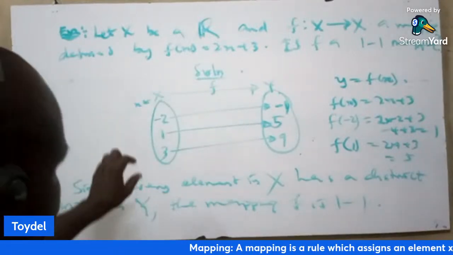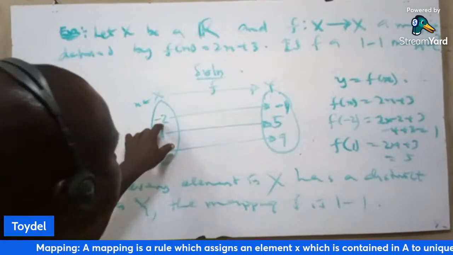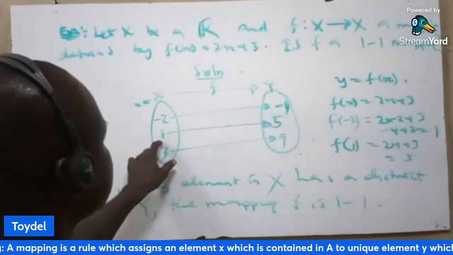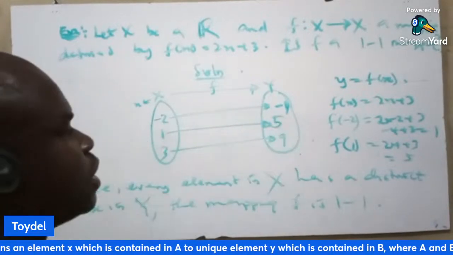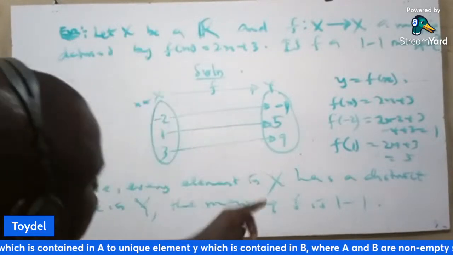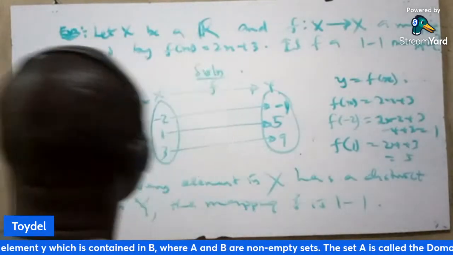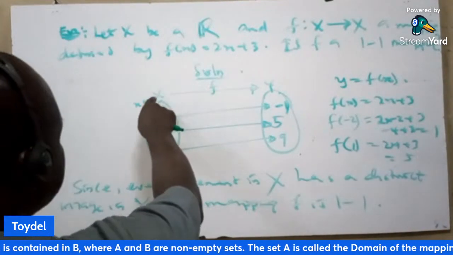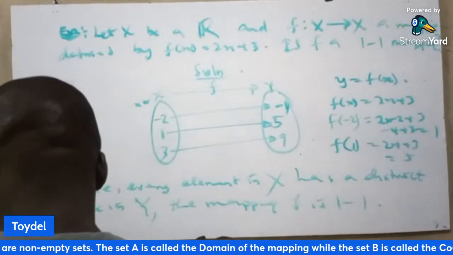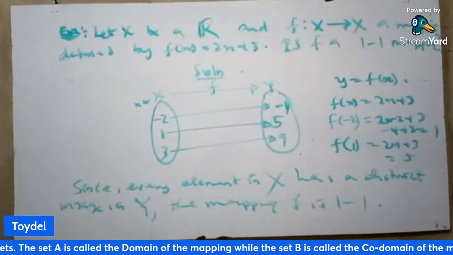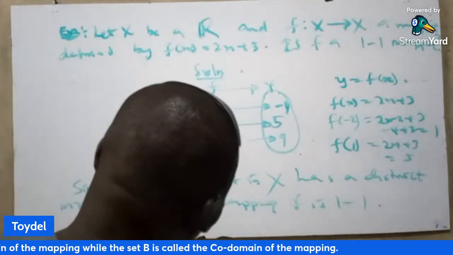That is, we are able to show that it is one-to-one. One element here has only a unique element here. At times it's possible to have two elements here that will have one image, but in this example, it's one-to-one. So we conclude that this mapping is one-to-one because every element under x has a unique element in y, as I've shown it there. So that is the example of one-to-one mapping. One-to-one is one element to a unique image.